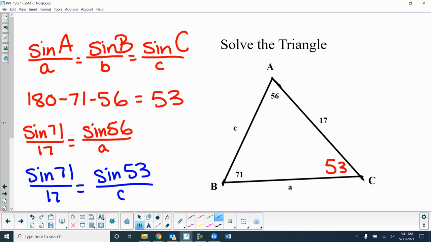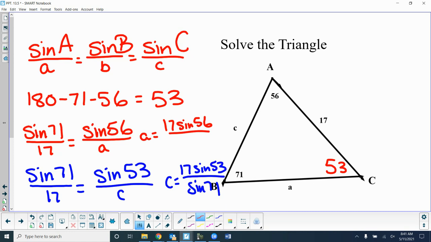So C equals 17 times sine of 53 divided by the sine of 71. And A is 17 times the sine of 56 divided by the sine of 71.